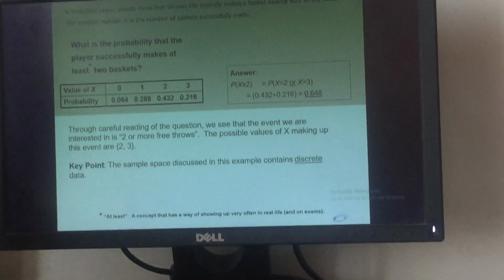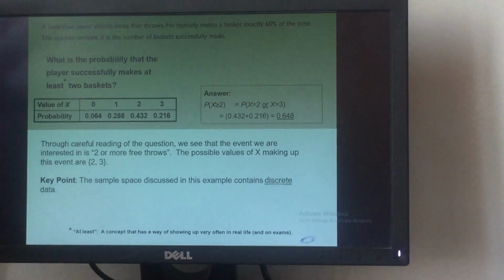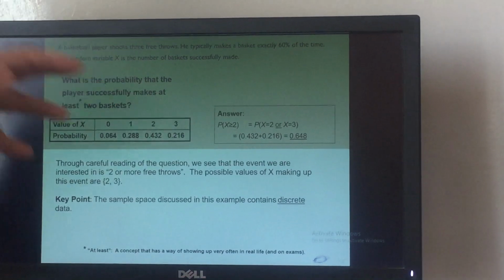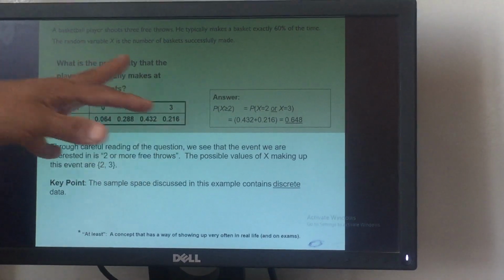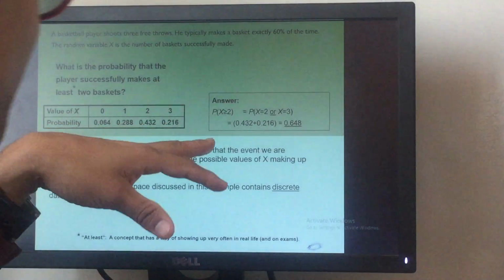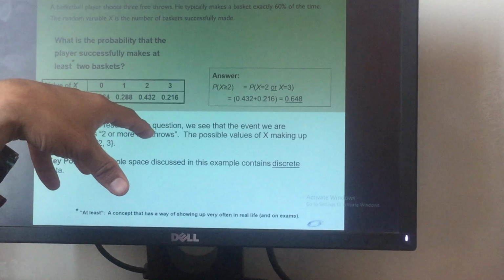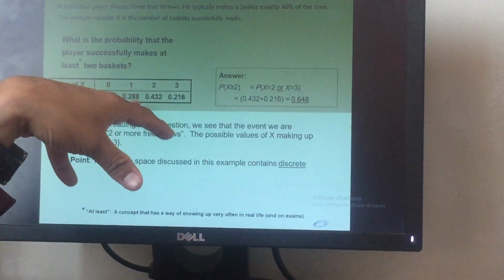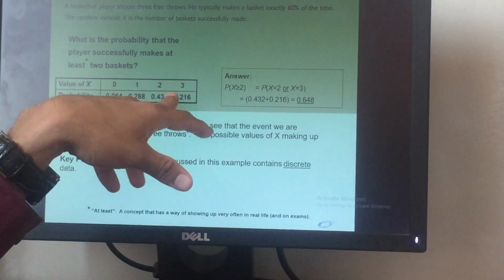Now, how do we calculate probability for discrete values? What is the probability that the player successfully makes at least 2 baskets? For no baskets, the probability is 0.064, for 1 basket 0.288, and similarly for 2 and 3.